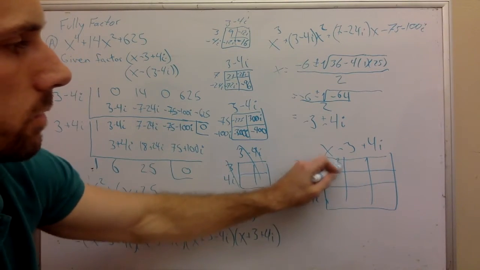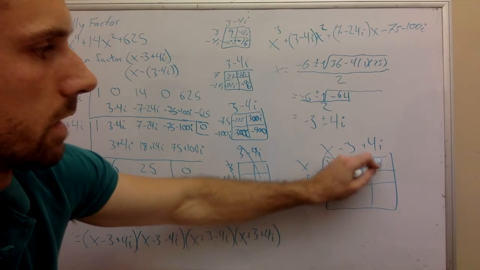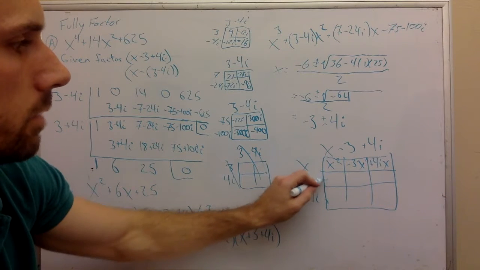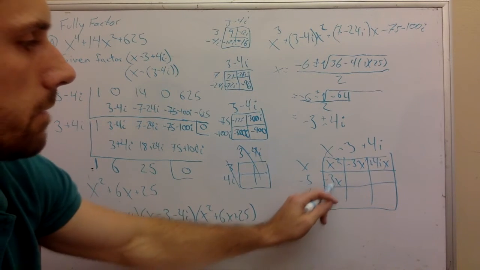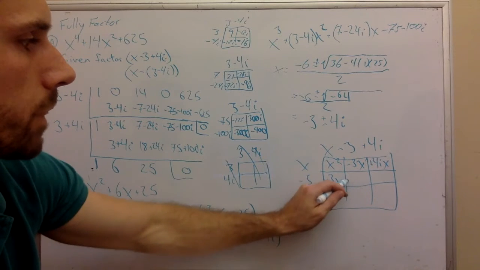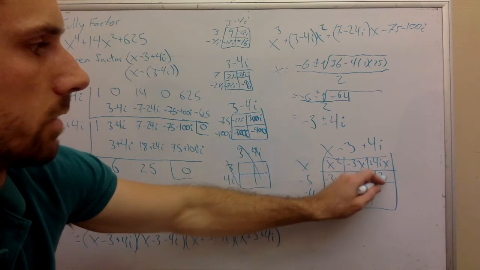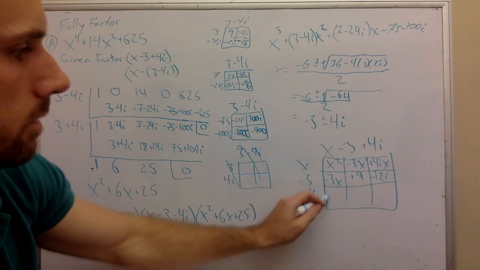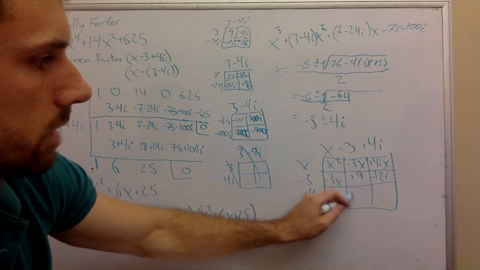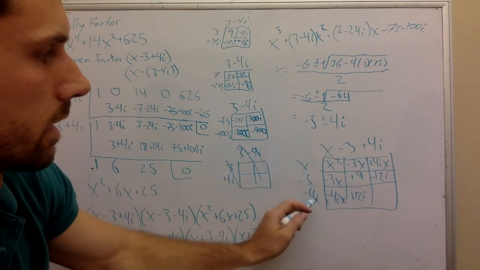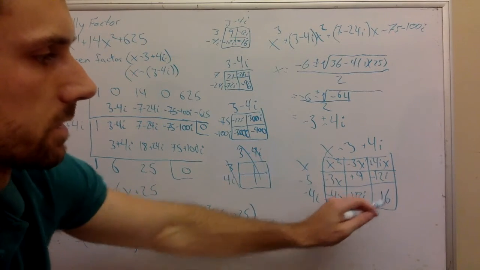So x squared minus 3x plus 4ix minus 3x plus 9 minus 12i minus 4ix plus 12i, and then negative 16i squared, which would be positive 16.